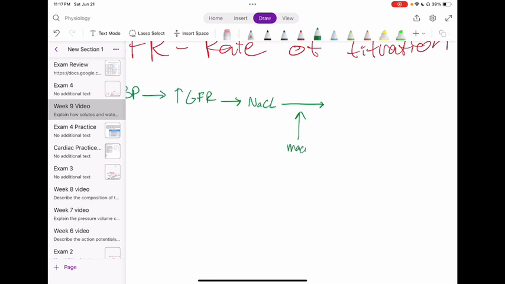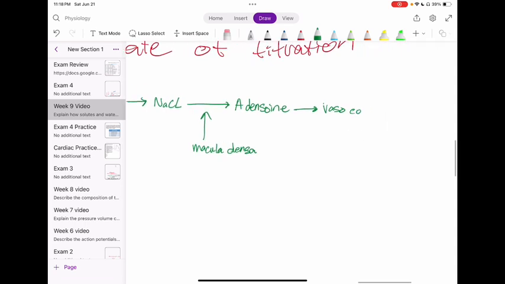Here we use macula densa to produce adenosine, to produce vasoconstriction.